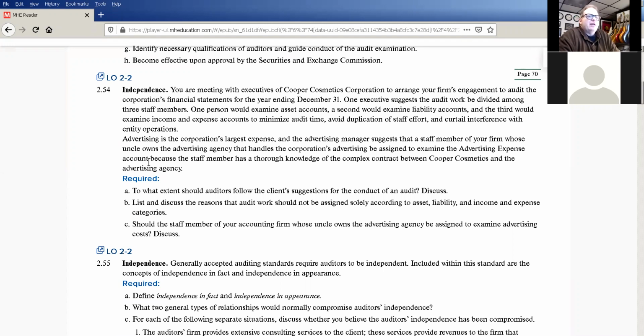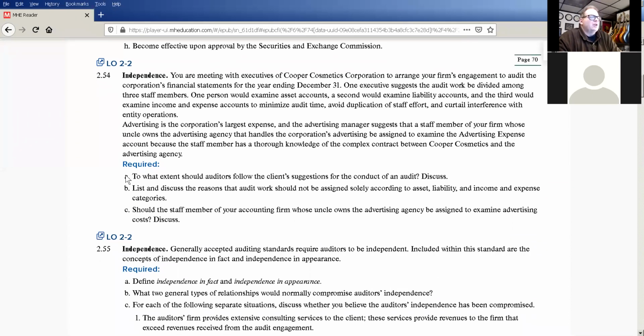So it says, okay, the person whose uncle owns the place will do this part of the audit because you're going to understand it better. And we wanted to talk to you as much because you're going to understand what's going on with it. Someone who's not familiar will have to ask a bunch of questions.